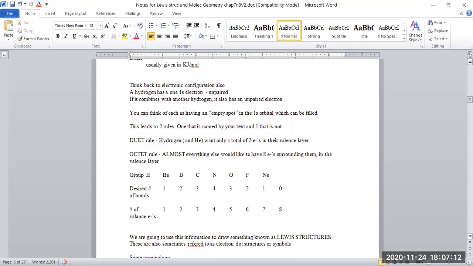The octet rule tends to apply mostly to the rest of the table. We're going to say, as a way of dodging it as an unbreakable rule, that almost everything else would like to have 8 electrons.